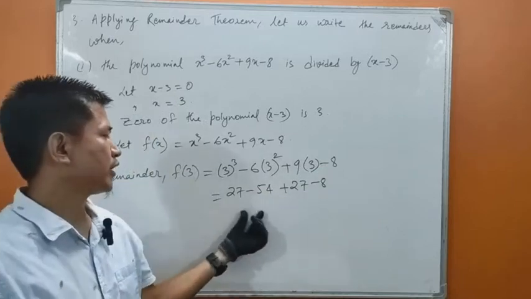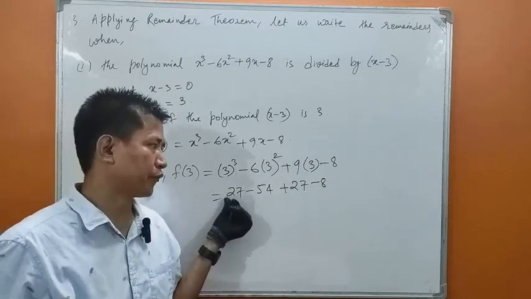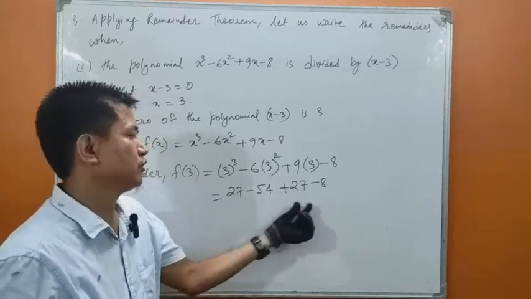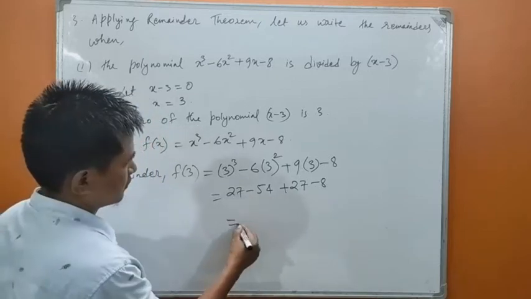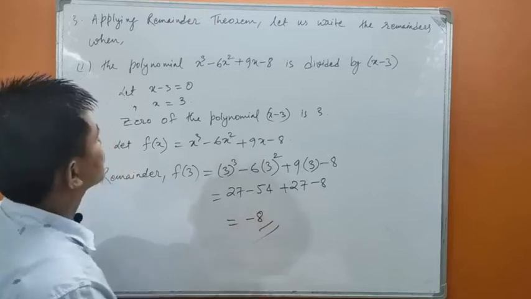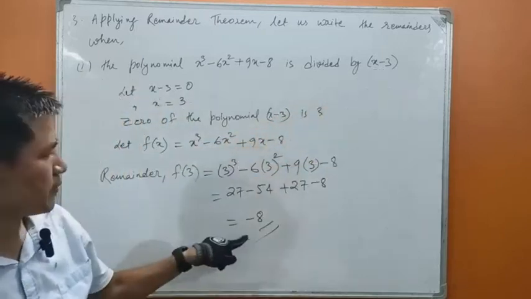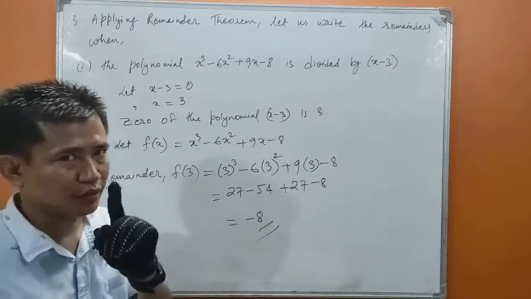This 27 when added to 27 becomes 54, isn't it? And plus 54 minus 54 becomes 0, so remains minus 8. So this means when this expression is divided by x minus 3, the remainder will be minus 8. I hope you got this.